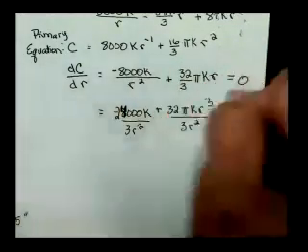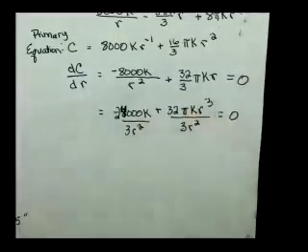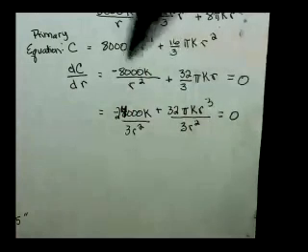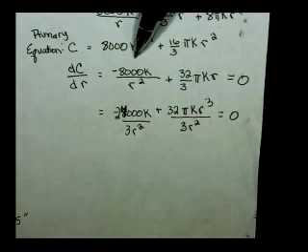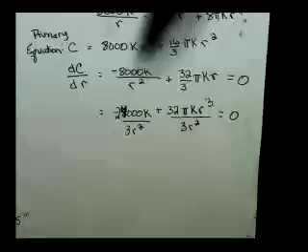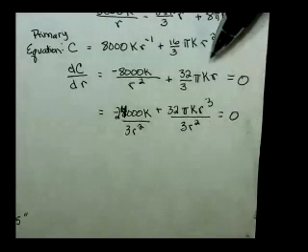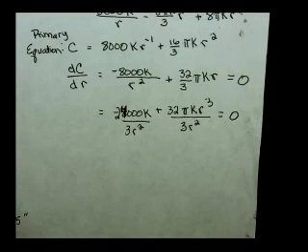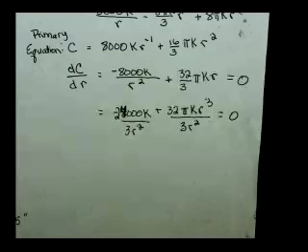Let me double check my work before I answer any questions. Does this reduce back to give me this? Yes, it does. Does this reduce back to give me this? Yes. I just wanted to be sure. I don't want to make a mistake and go on another hour and then find that I made a mistake on line 2.